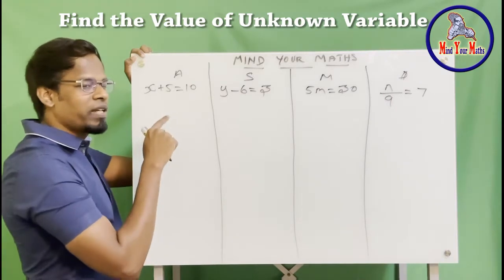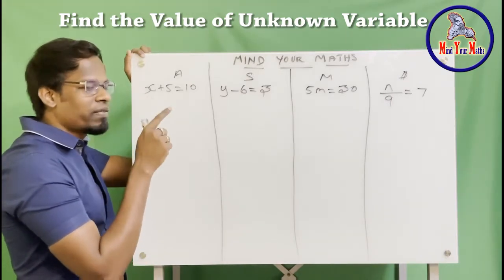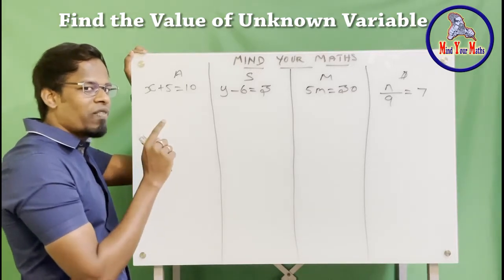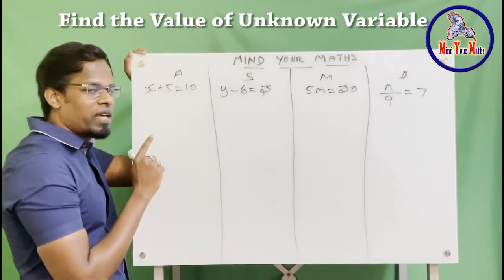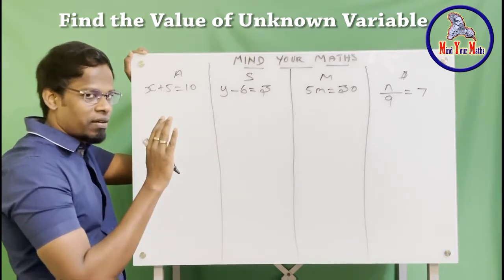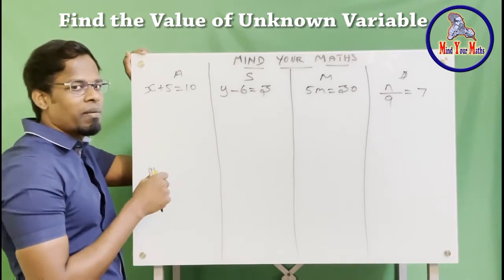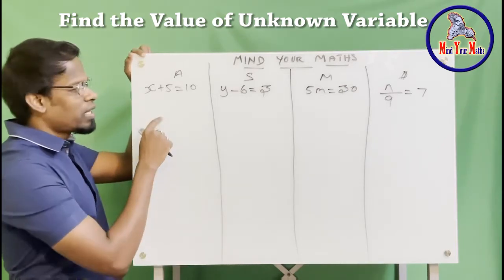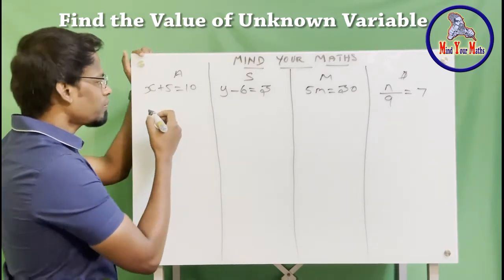In the previous video, we saw that if you add, subtract, multiply or divide using the same number on both sides, the equality of the equation never changes, right? That's 100% sure about mathematics. So now let's apply that rule here.